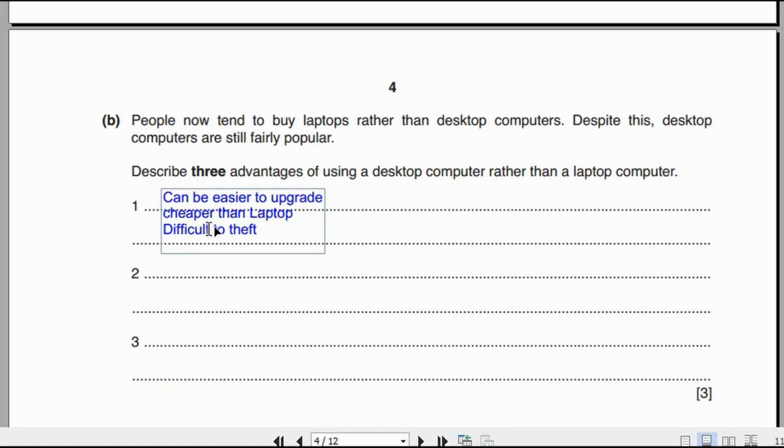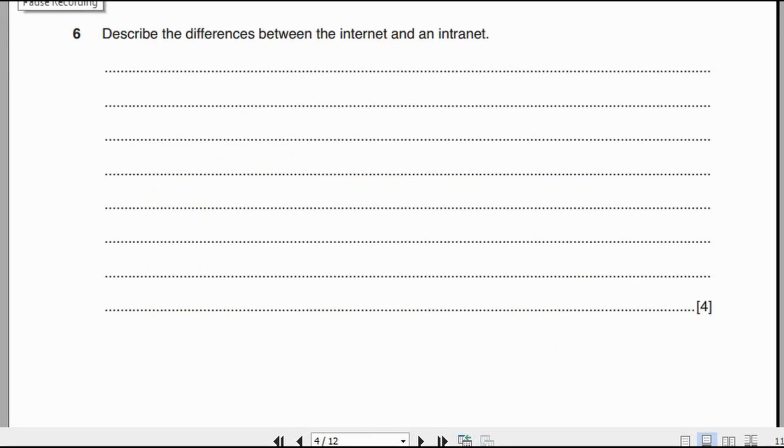I will put one more, and you can just go for the next video. I hope you understand. The last is that work performance is better on desktop.